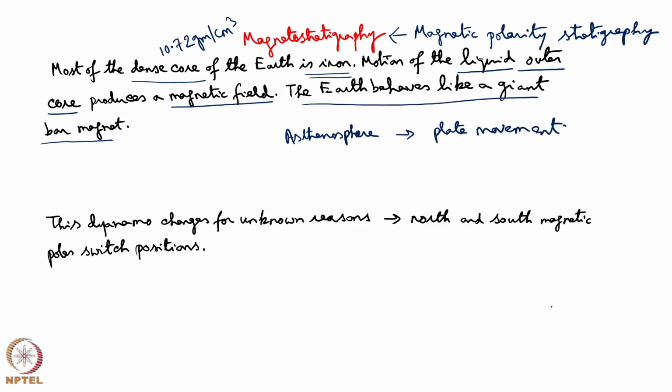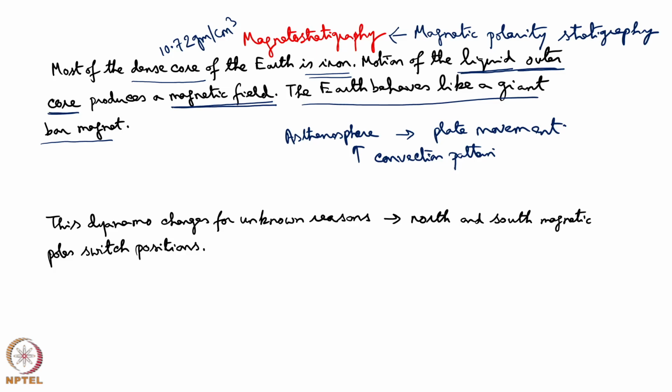Several views are there on the different kinds of convection pattern of this asthenosphere, which we are not getting into. I emphasize here asthenospheric movement. To the present state of knowledge, we do not think that it produces the Earth's magnetic field, rather the liquid outer core of the Earth moves in a certain pattern which has been modeled, and it produces the magnetic field. Essentially, the Earth behaves like a giant bar magnet.